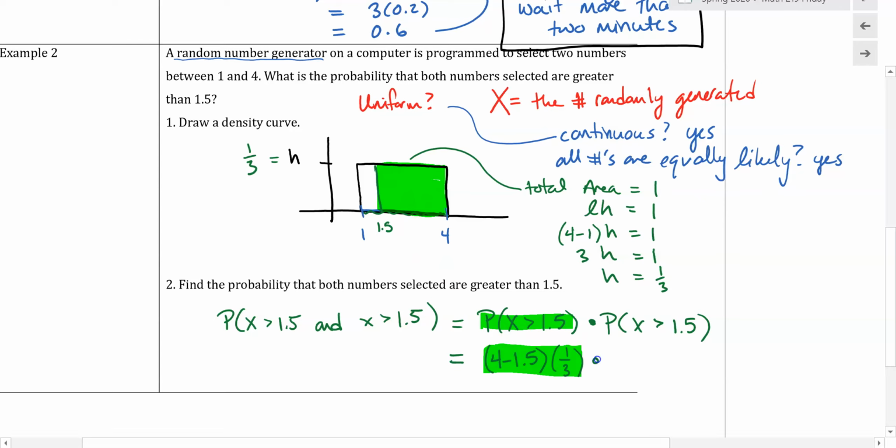And then I'm going to multiply by the area of getting another number greater than 1.5. Well, again, this isn't a conditional probability. Every time I generate a new number, everybody's equally likely. So this would be the same area, same probability. Okay.